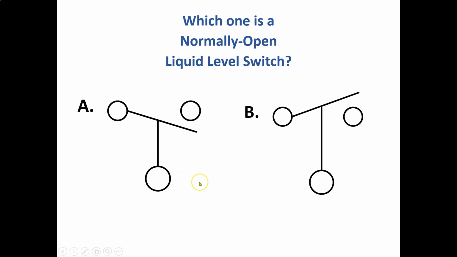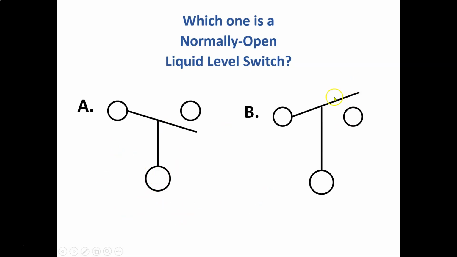So here we go. This is an example I was telling you about. It's asking which one is a normally open liquid level switch. So you've got to ask yourself, in the normally open state, when you buy it off the shelf at Home Depot, what should it look like? This one here has the pole not in contact with your terminal. Again, it's drawn with no liquid, no nothing.